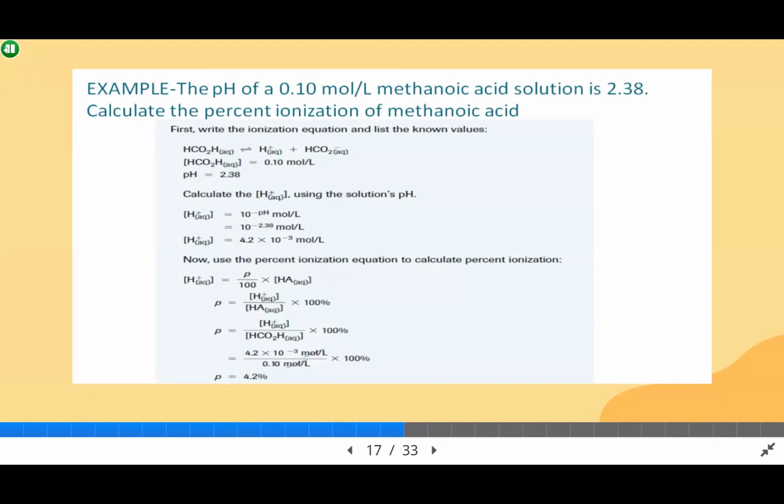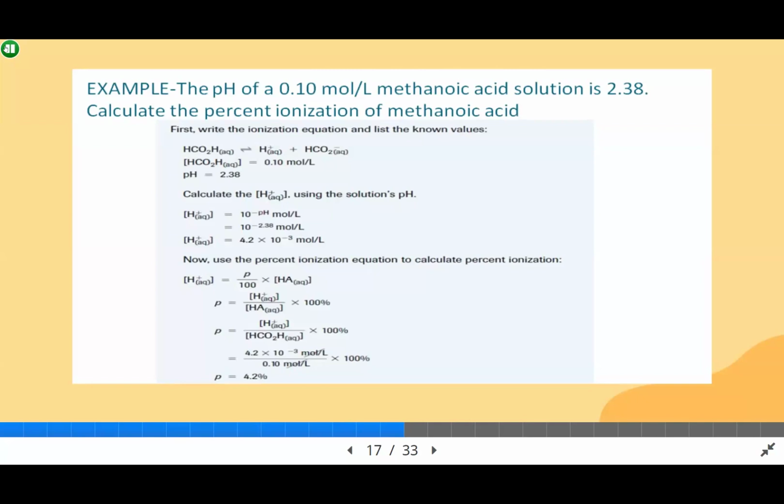We can then calculate the concentration of H plus using the solution's pH and the inverse of our logarithmic equation, which is 10 to the power of negative pH, and we get 4.2 times 10 to the negative 3. Then we can use our percent ionization equation.